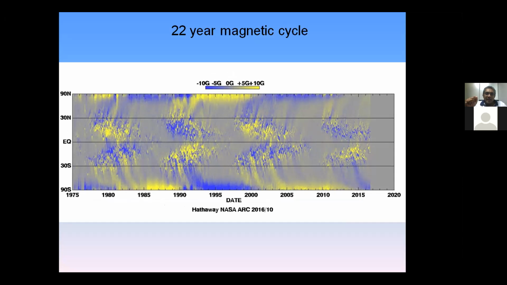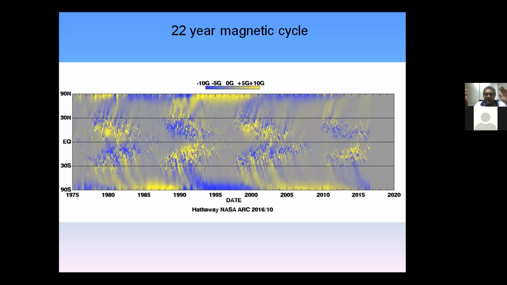the magnetic cycle, magnetic activity. The 22-year magnetic cycle, that means every 22 years, the magnetic field polarity will change. It's a very unusual or maybe unbelievable thing, right? The polarity is changing, like a north-south change.